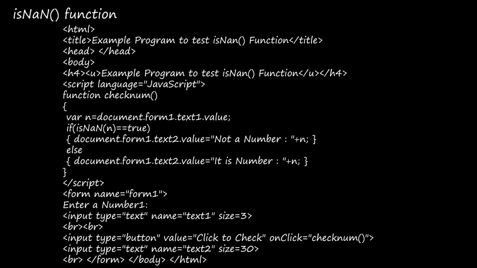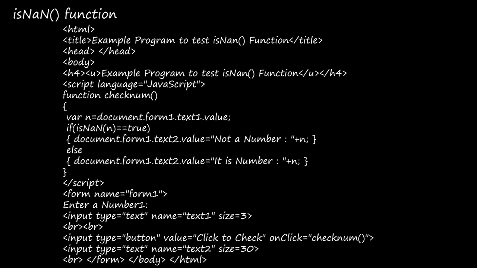And in the else part, if you see, it is document.form1.text2.value, it is number. So this "it is number" will be displayed in the output section along with the n value. Whatever value you are giving will also be displayed along with this.